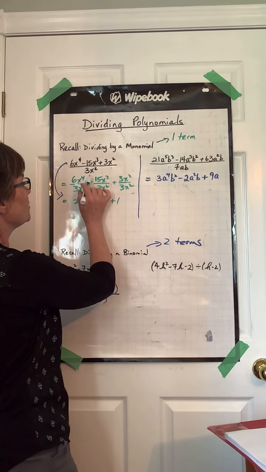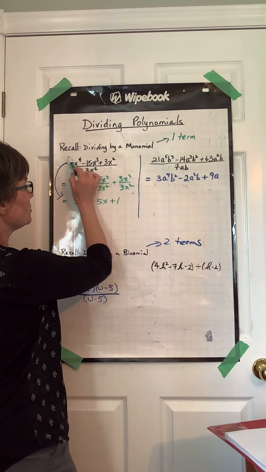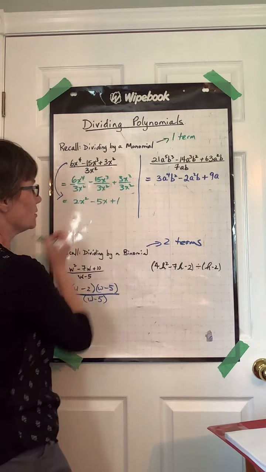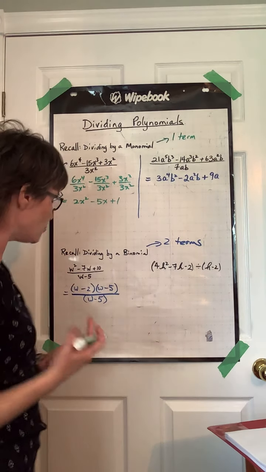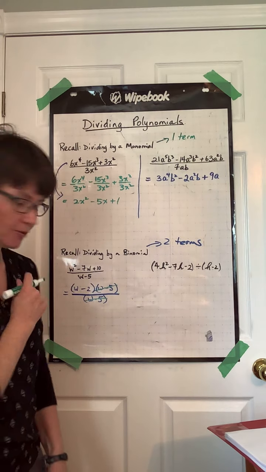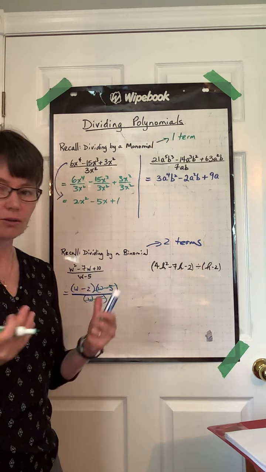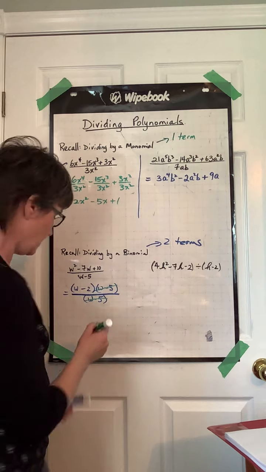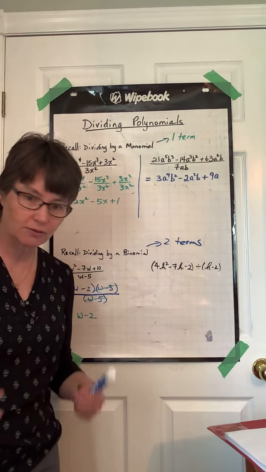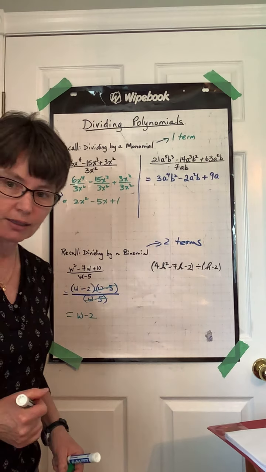So just like here, when we divided 3x squared into the 6x to the 4, each part here divides in appropriately. So in other words, w minus 5 and w minus 5 cancel each other, or that division equals 1, and we're actually left with w minus 2. Again, this is things you've seen before, factoring and then simplifying.